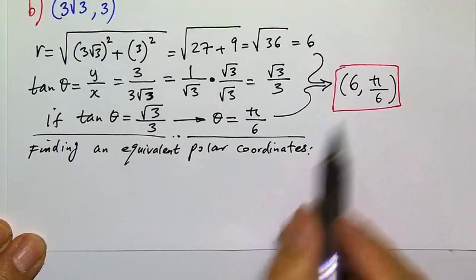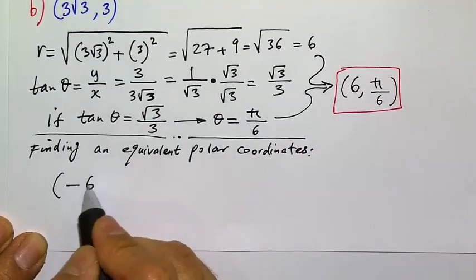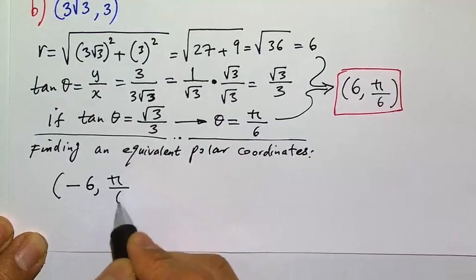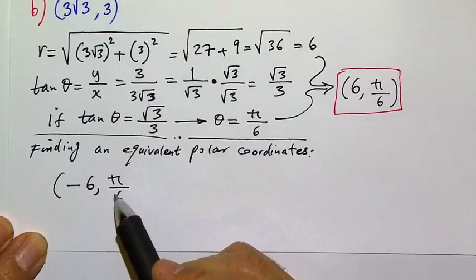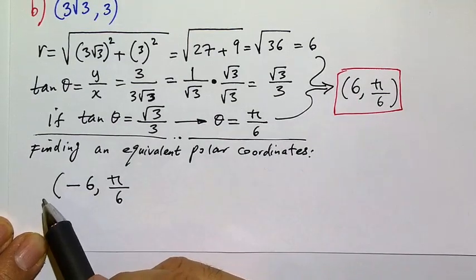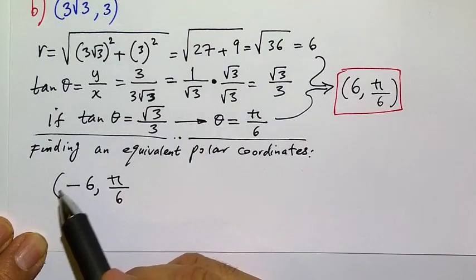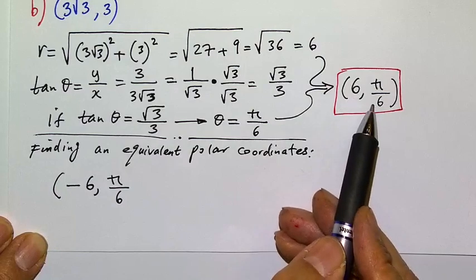So what I will do is make that negative, minus 6 comma pi over 6. If I put my parenthesis there, what I have done is moved this point 180 degrees to the other side of the plane. But I don't want to do that. I want to find an equivalent polar coordinate for this.